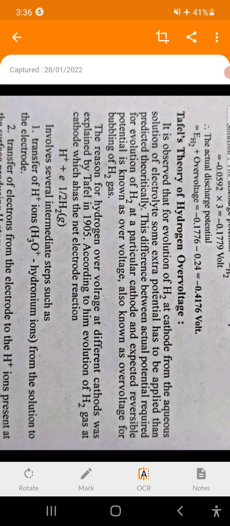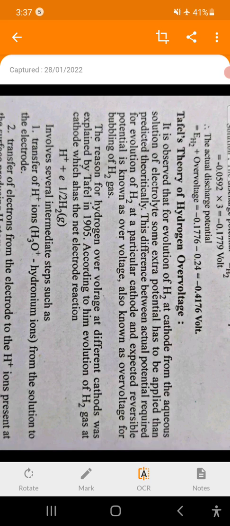And Tafel explained why evolution of gases results in overvoltage. That is, why for evolution of gases like hydrogen gas at the cathode, more voltage is required than the theoretically calculated voltage for evolution of H2 gas.